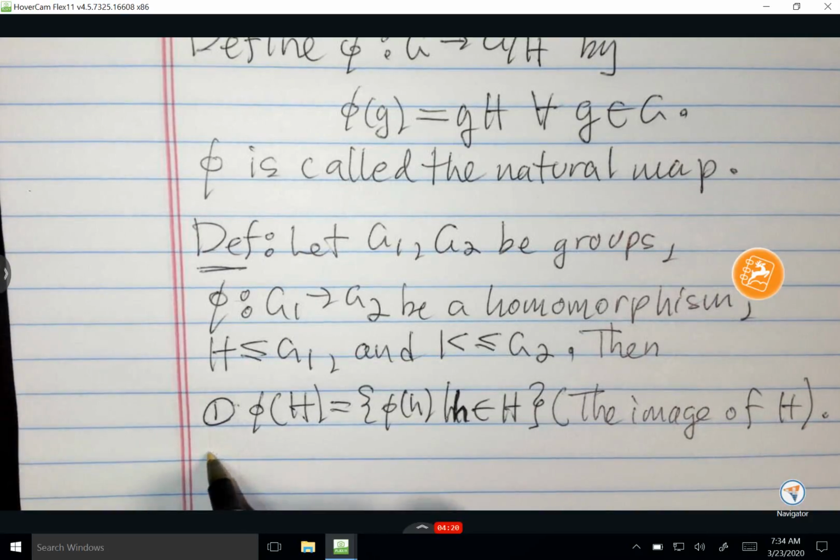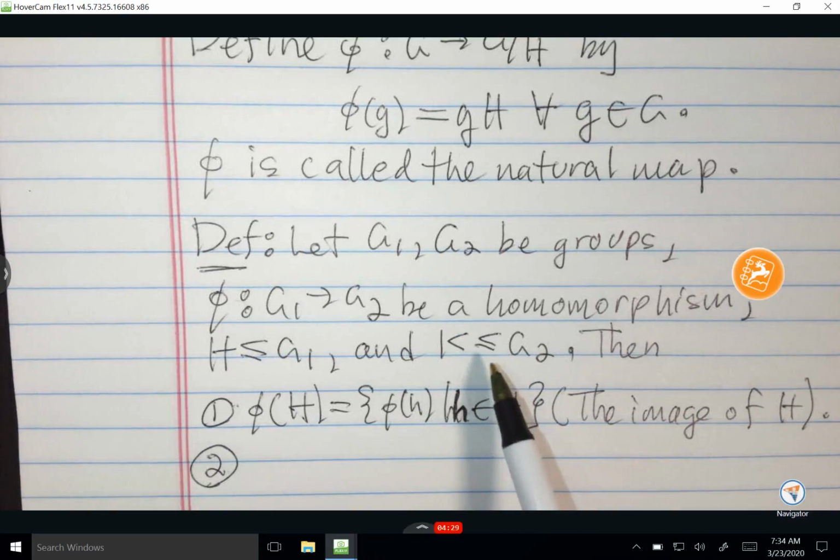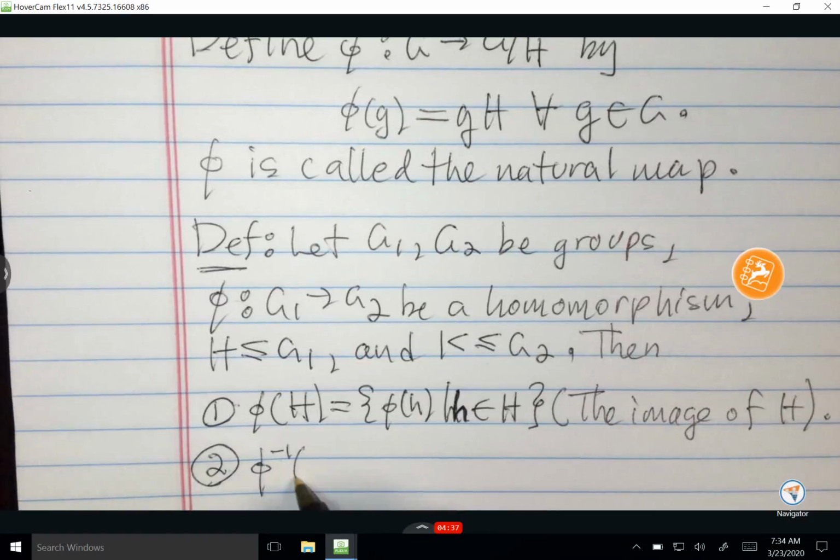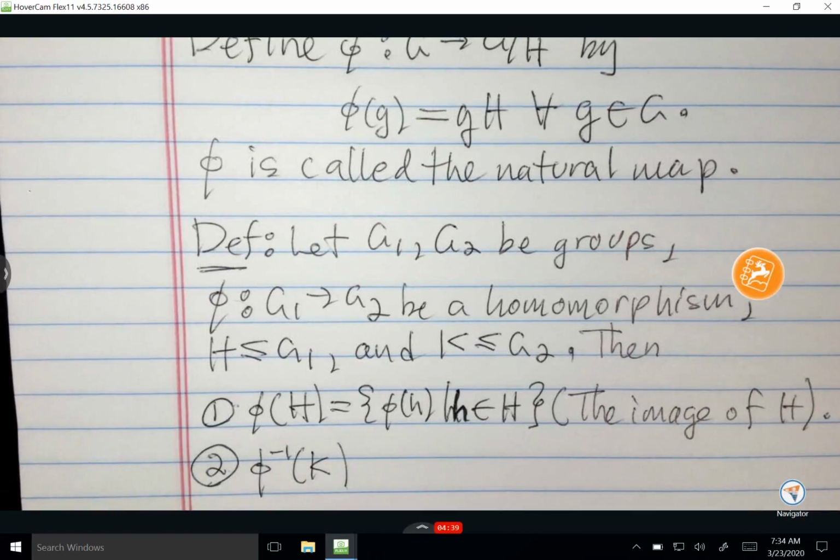Thing 2. You can do the same type of thing with K, even though you can't apply phi to K, because K lives in G2, as you can see right here. But you can take what's called a pre-image of K. Now the symbol for that is phi with a -1 on top of K. Doesn't mean phi inverse. Phi may not have an inverse. No one said phi was 1-to-1. What does it mean, though?